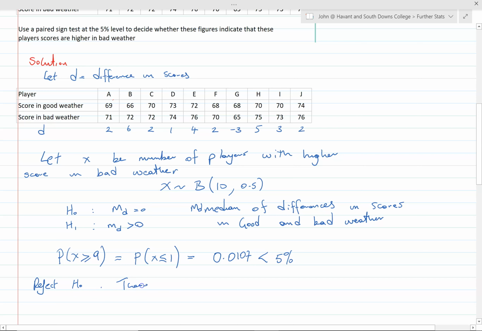There is sufficient evidence that the median score of professional golfers is higher in bad weather.